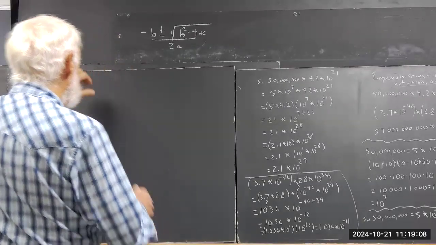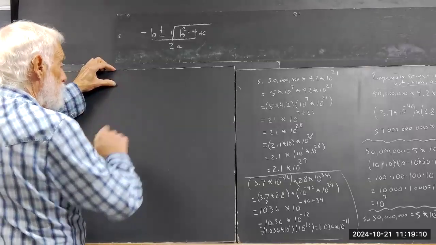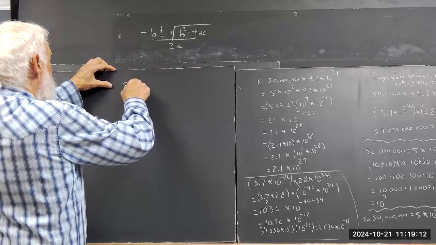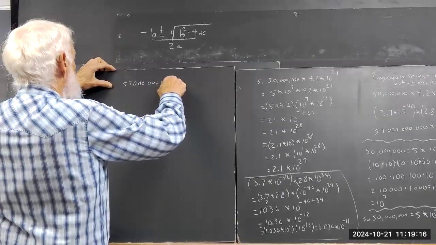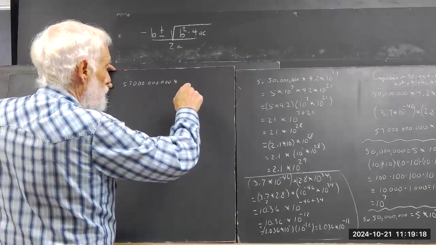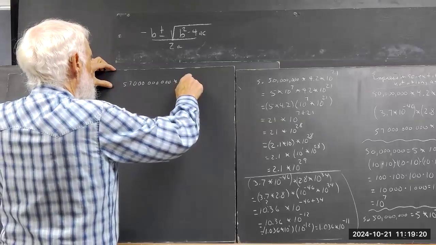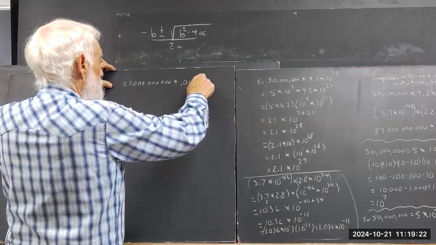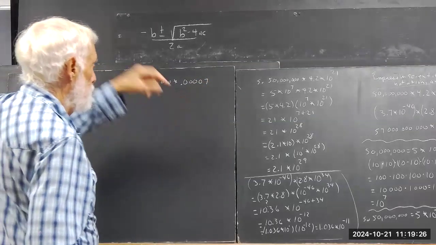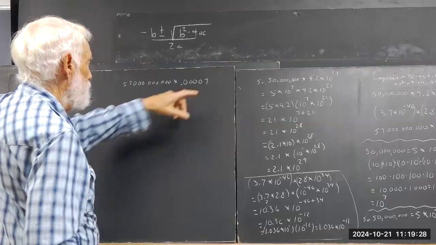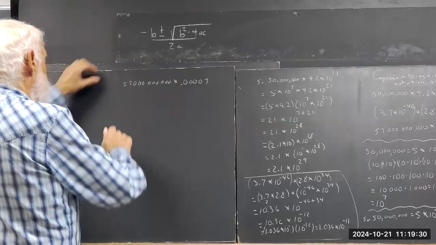And the problem is it's 57 billion times 7 100,000ths.